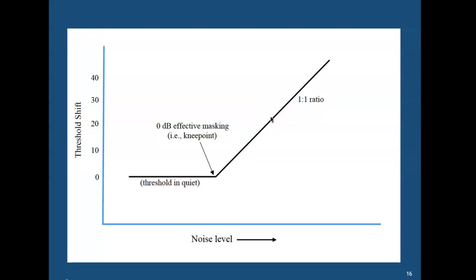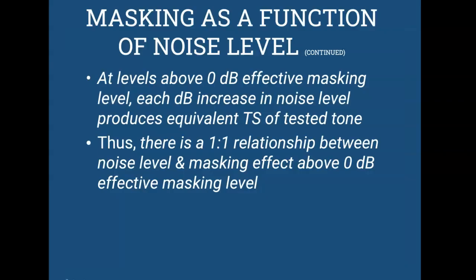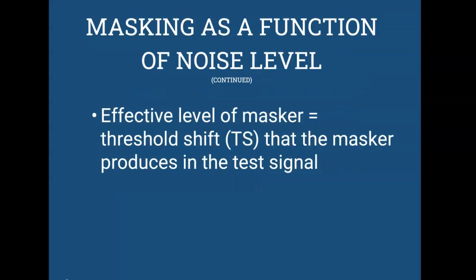We call this region the knee point because that's where it goes into this masking, this threshold shift region. So it's a pretty simple concept. The amount of masking is equal to the amount of threshold shift because of the noise presence. Again, there's a one-to-one relationship.